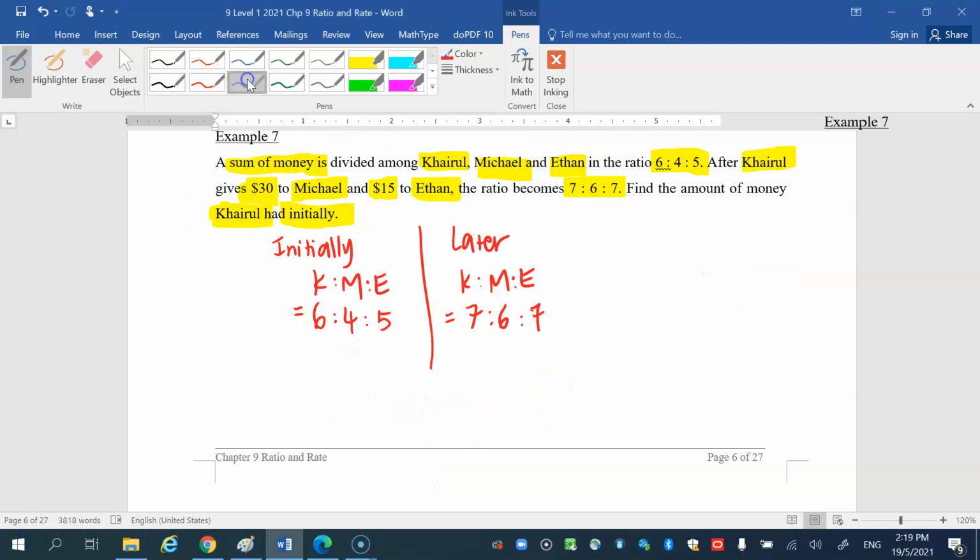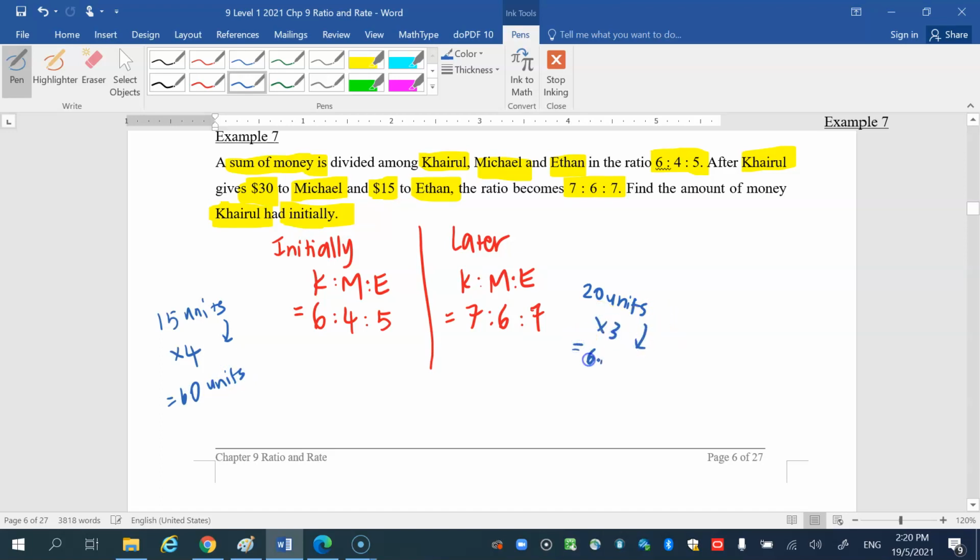Now, if we look at the total number of units, initially there were 6 plus 4 plus 5, which is 15 units. But later, after giving out the money, 7 plus 6 plus 7, the total number of units is 20 units. So if we find the LCM between 15 and 20, we realize it is 60. In order to get 60 units, we need to times 4. And over here, in order to get 60 units, we times 3.